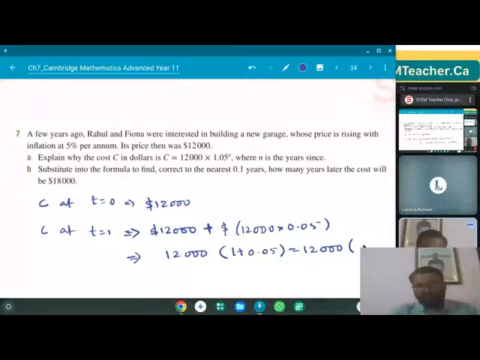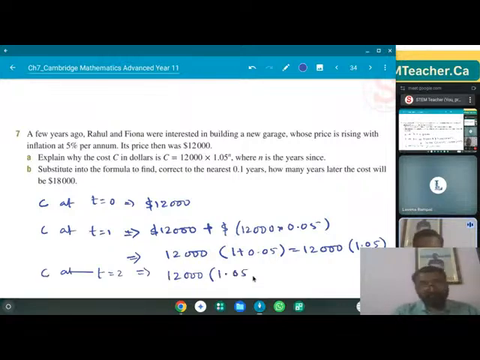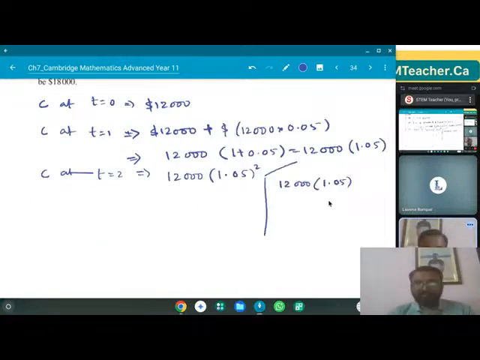Next year, it will be 12,000 into 1.05 plus 12,000 into 1.05 into 0.05. Is it clear? Previous year's rate into 5%.